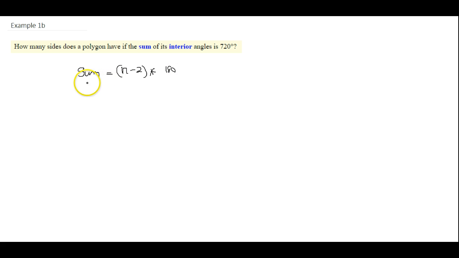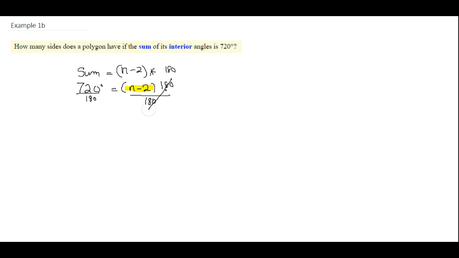So let's take our sum, 720 degrees, that's equal to n minus 2 times 180 degrees. Now we want to solve for this binomial first, which means we're going to divide both sides by 180.